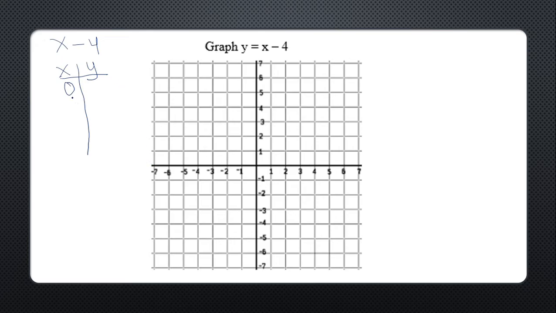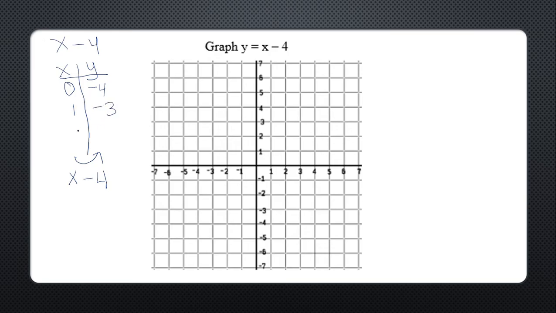All right, so my rule is I'm taking x and I'm subtracting it by 4. So if I have 0 and I'm doing 0 minus 4, I'm going to get negative 4. If I'm doing 1 minus 4, well, 1 minus 4 is negative 3.